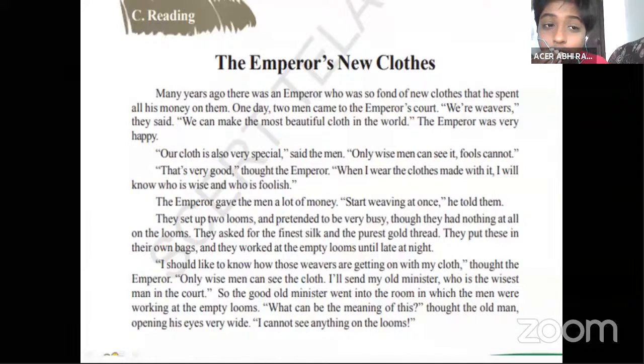The emperor was very happy. Our cloth is also very special, said the men. Only wise men can see it. Fools cannot. That's very good, thought the emperor. When I wear the clothes made with it, I will know who is wise and who is foolish.